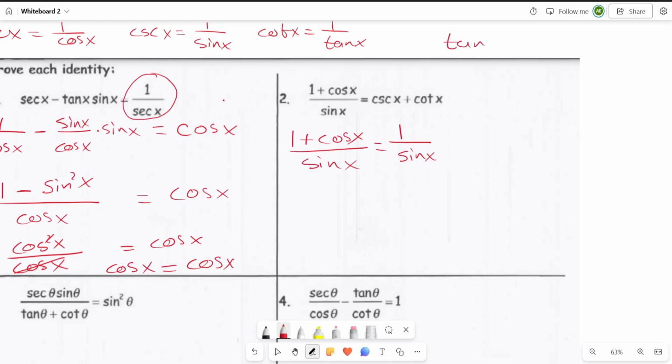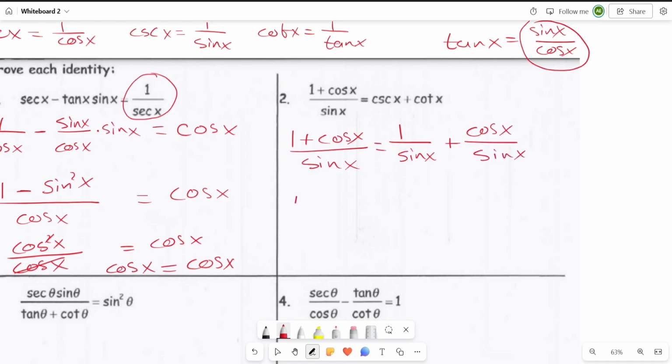So if I have tan x equals sine x over cosine x, cotangent is 1 over tan x, so it's the reciprocal of tan x. Reciprocal means the fraction flipped. So it's cosine x over sine x. So cotangent is going to be cosine x over sine x.